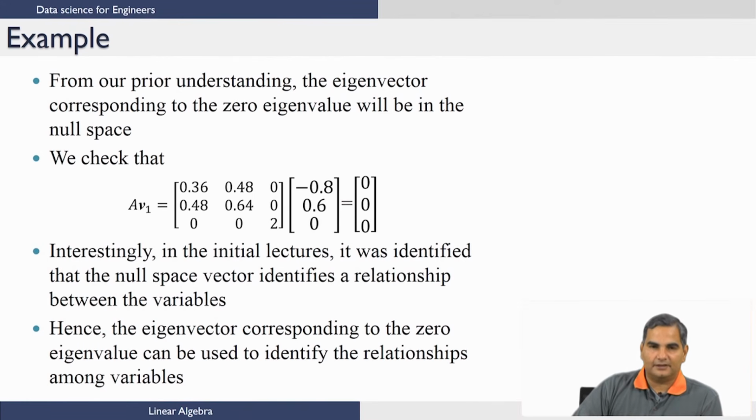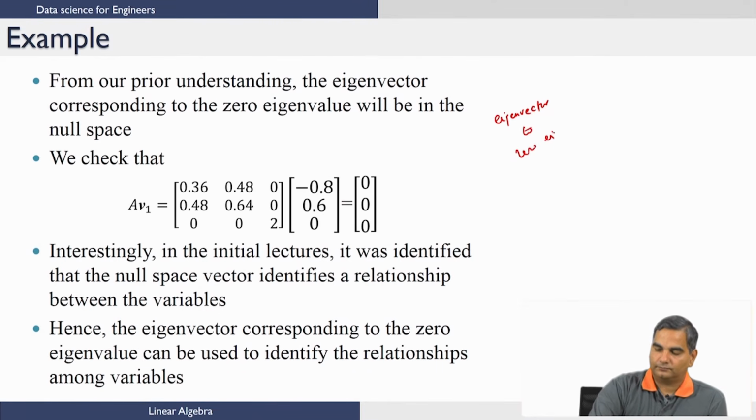Interestingly, in our initial lectures we talked about null space, and then we said the null space vector identifies a relationship between variables. Now, since this eigenvector is in the null space, the eigenvectors corresponding to 0 eigenvalues identify the relationships between the variables, because these eigenvectors are in the null space of the matrix.